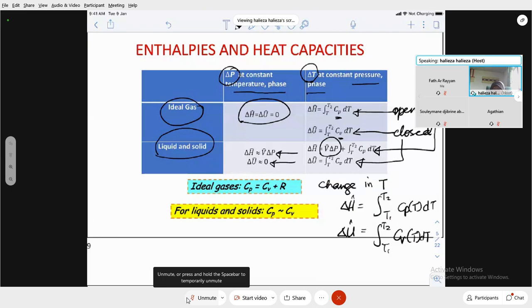Okay, that's the easiest one to remember. The rest, you just need to look at the table. But every time there is a change in temperature, then you will need to integrate.